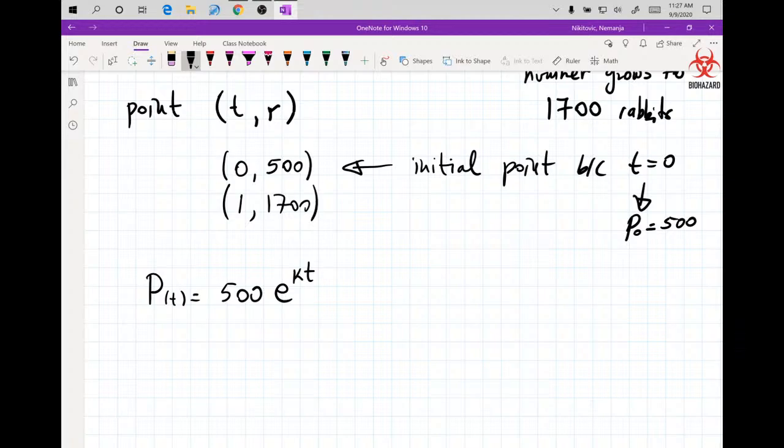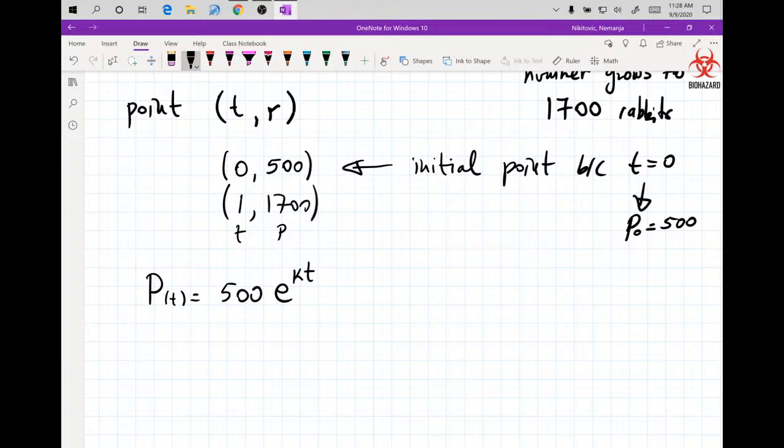So clearly, this k takes into account how quickly the species would multiply, and that would be reflected in that number. And we need this second point to calculate k, because look what the second point gives you. The second point gives you the time and gives you the population. So when you plug those two in, you will be able to compute k, and that would be the k for this rate of increase in population.